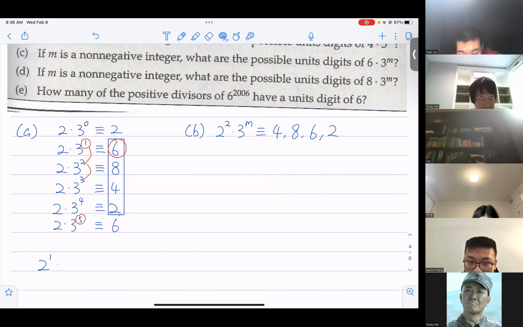And then you go back to 3 to the 5th, that's 6 again. Since it cycles in 4, you just find every 4th number.